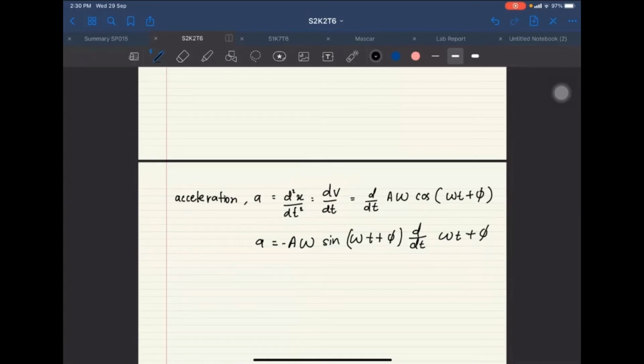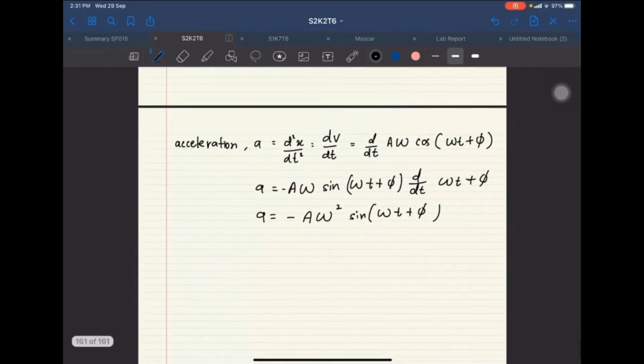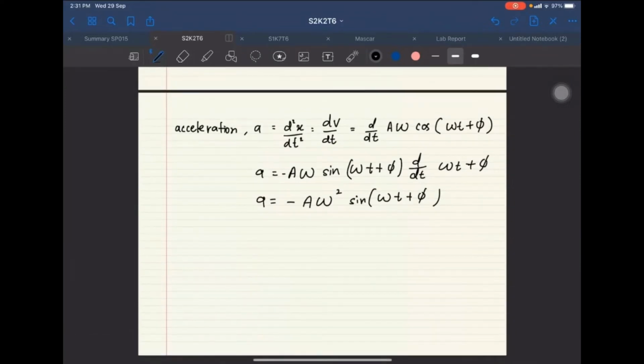Okay, and if you do that, you get exactly macam yang kamu cakap tadi, A omega sine omega t plus phi. Okay, and remember that if you differentiate this one, you get omega. So end up you get something like this. Okay, this is what we call acceleration at specific time.